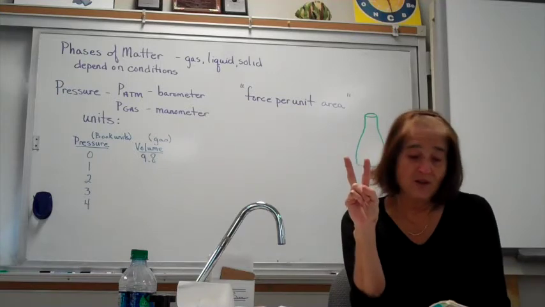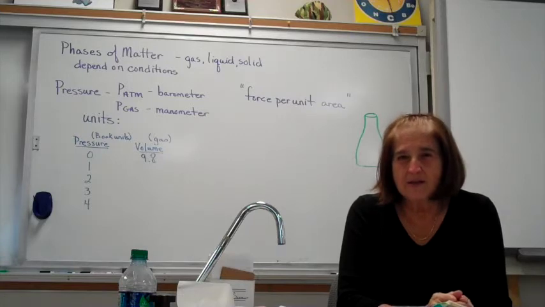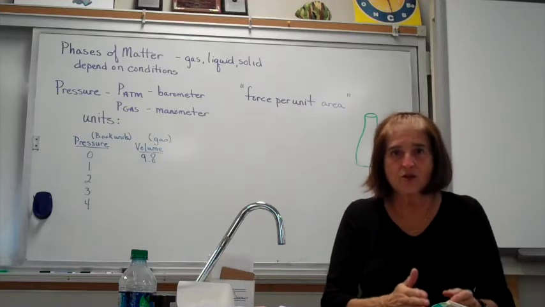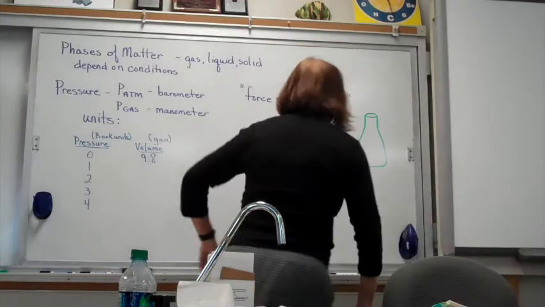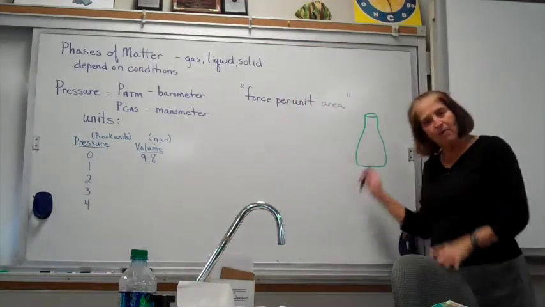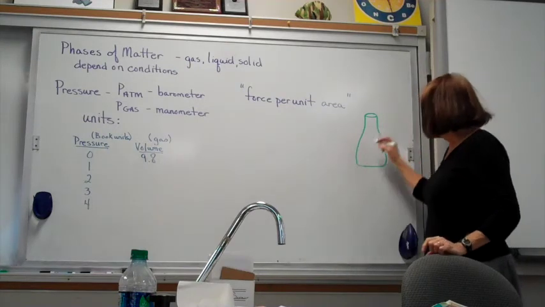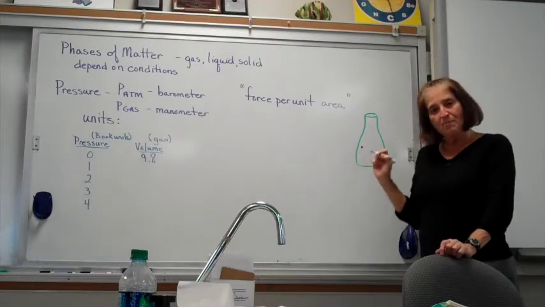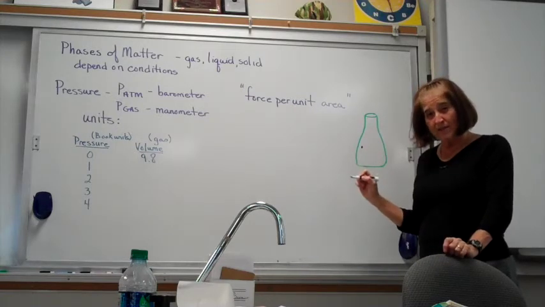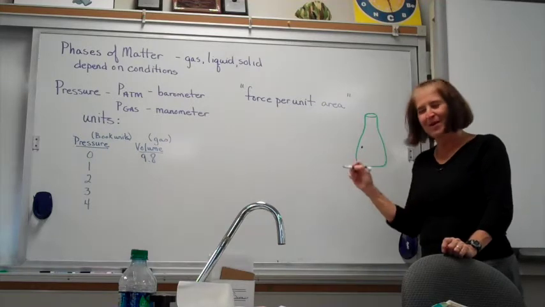The second point to the kinetic theory says that these particles are in constant, rapid, straight line motion. Let me show you. When you look at this diagram here on the board, I have an Erlenmeyer flask, and let's put a particle of a gas in here. This particle is moving in constant, rapid, straight line motion.